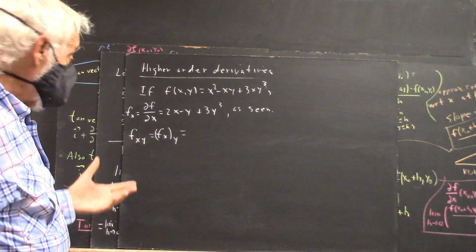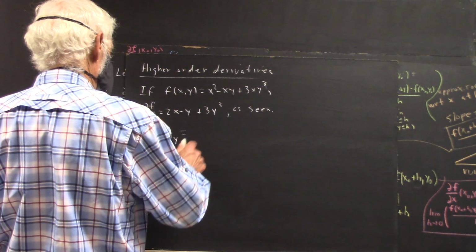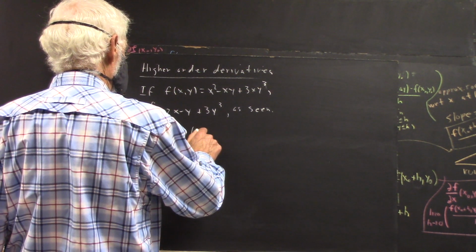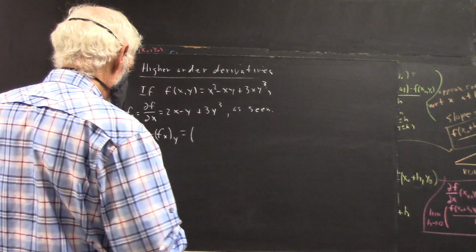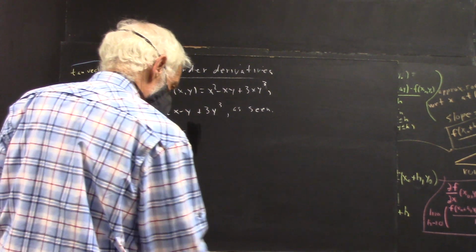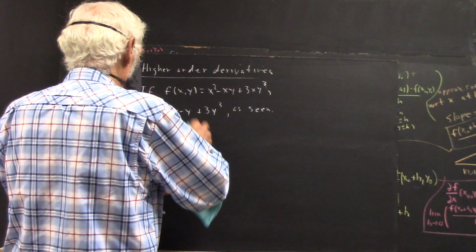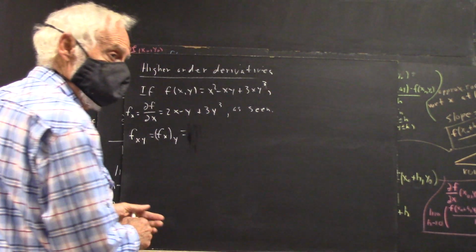Okay, that's easy. We take the x derivative, and here's where I probably want to go to the partial with respect to x form, rather than putting all this in parentheses with a y subscript.